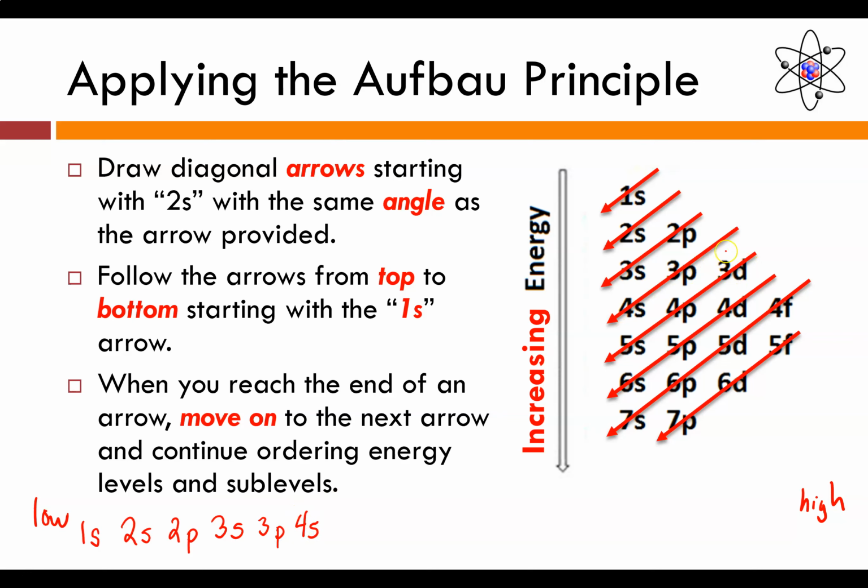So if I'm finished with that arrow, I go to the next one: 3d, 4p, 5s. Then what do we have? 4d, 5p, 6s, 4f, 5d, 6p, 7s, not all going to fit, 5f, 6d, 7p.